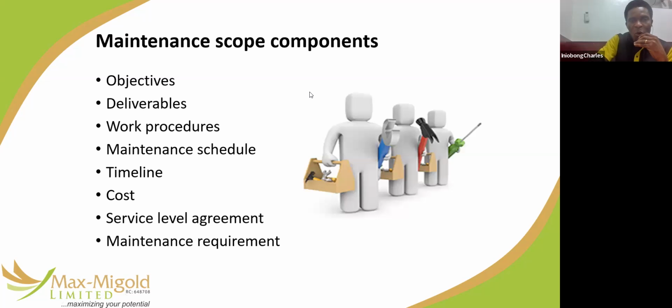The maintenance scope components include the objective of the maintenance, what you want to achieve, the deliverables, the work procedure, the maintenance schedule, the timeline, the cost, the service level agreement (SLA), and the maintenance requirements.